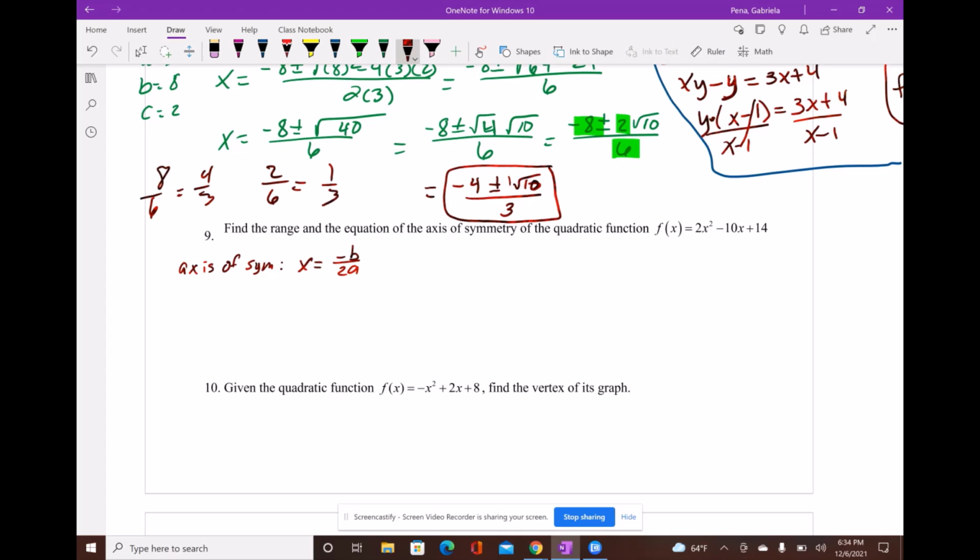In order to find the range, you need to find the vertex. Your vertex is also negative b over 2a, and then f of negative b over 2a. What does that mean? If you don't remember, we'll review it right now.